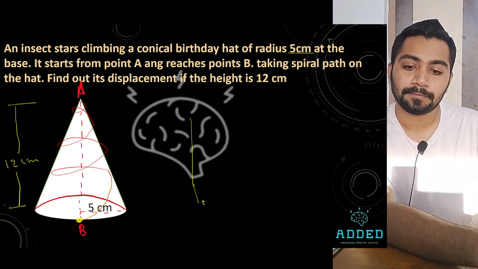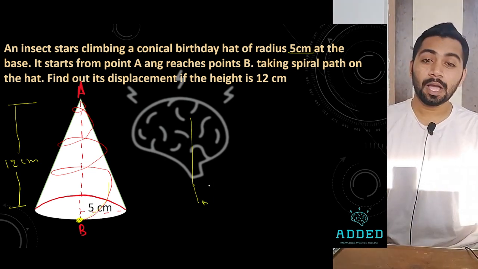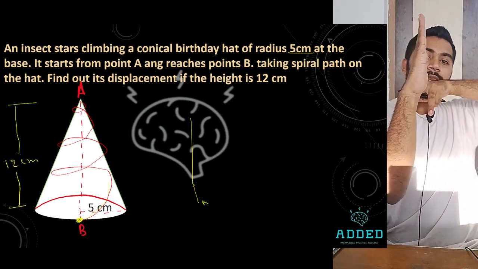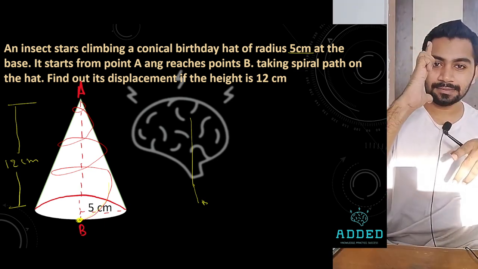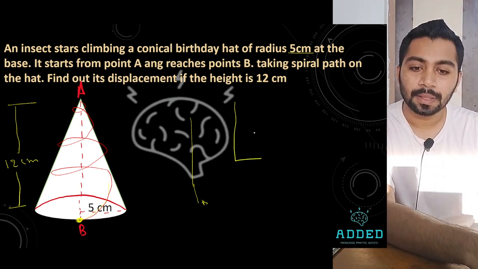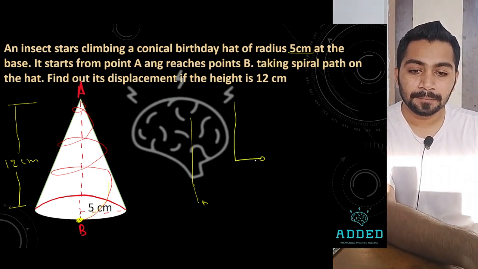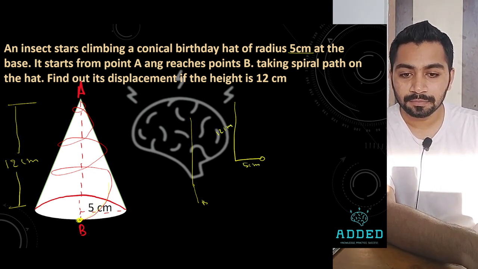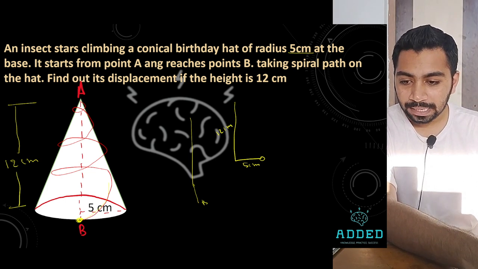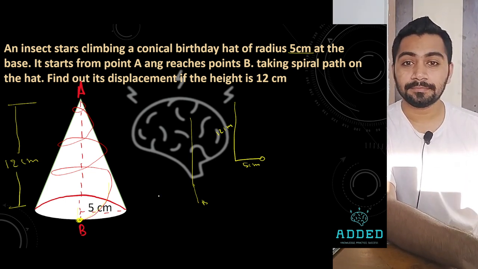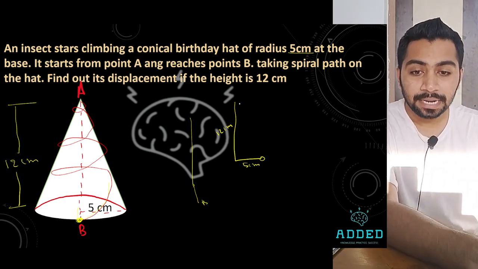How to calculate? If I turn it like this, it becomes like this. Now the insect is here at 5 centimeter and this is 12 centimeter. Now the insect, by the shortest distance, must come here and go upside. Now the displacement is this.